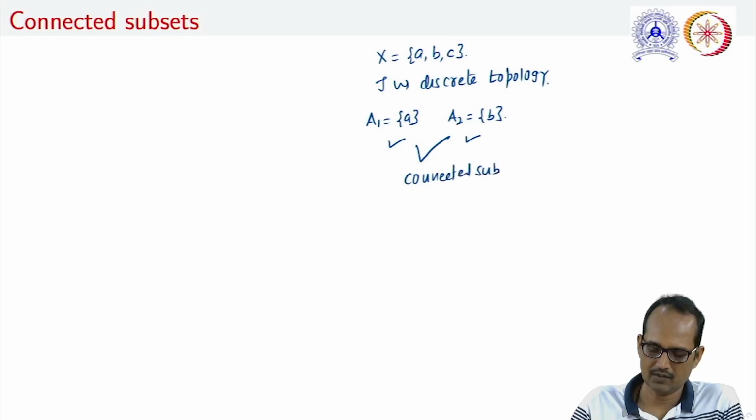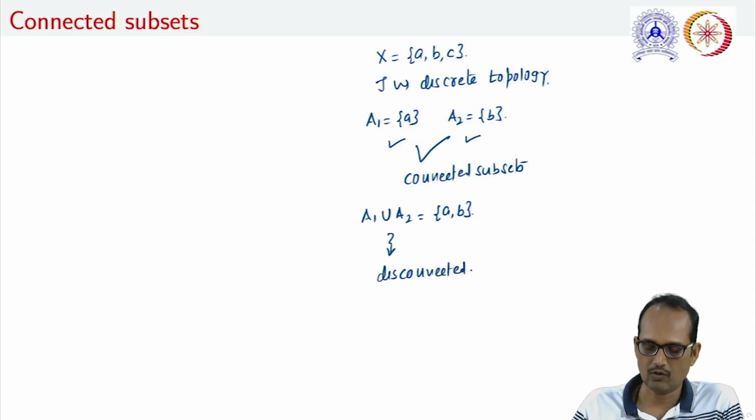But if we are taking their union, that is A1 union A2, this is a set consisting of A and B. In discrete topology, this is disconnected.